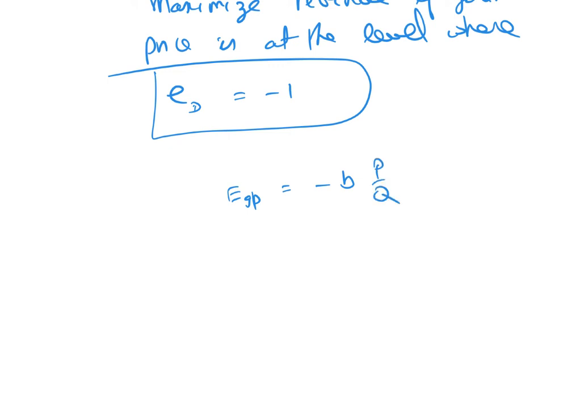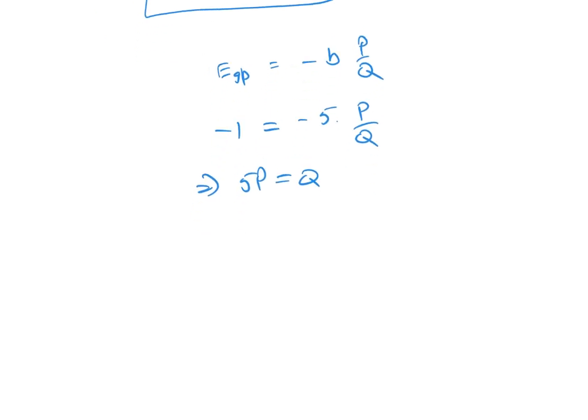We do not know what the p and q's are, but we want elasticity demand to be -1, so we can say -1 equals, and recall our b was minus 5 p over q. So if we simplify this, the negatives get cancelled. What it's essentially saying is that 5p equals q. Does that help us? Not quite, because we have two unknowns.